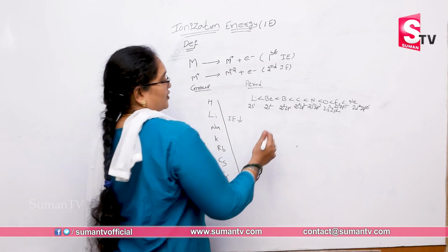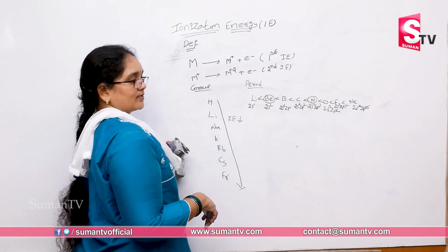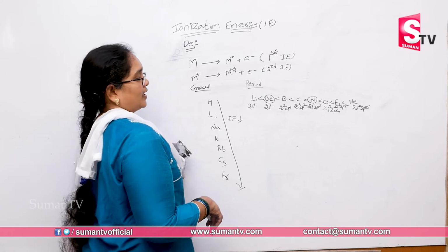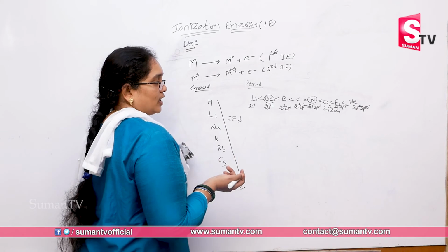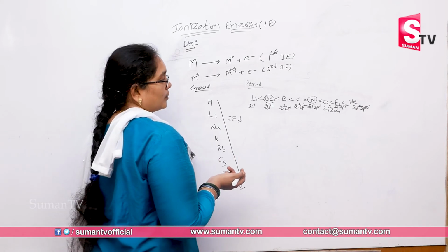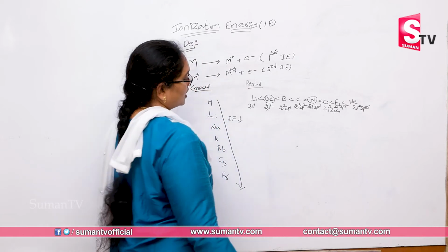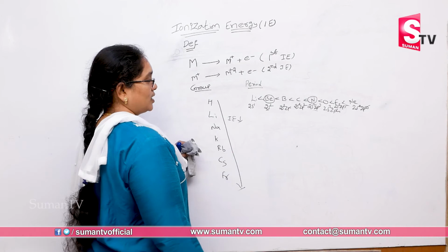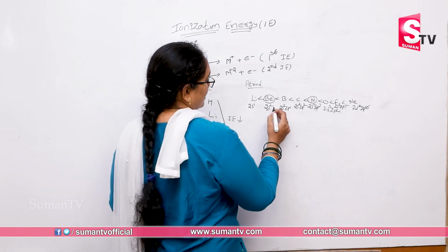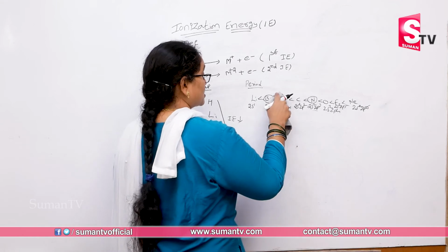Here, beryllium and nitrogen: as we learned in structure of atom, atoms with either half-filled or completely filled electronic configurations are more stable. Beryllium has a completely filled s orbital and nitrogen has half-filled p orbitals. Due to that, they have exceptional ionization energies.